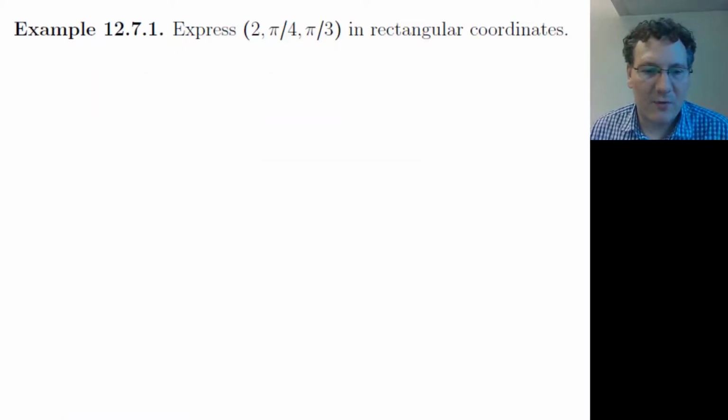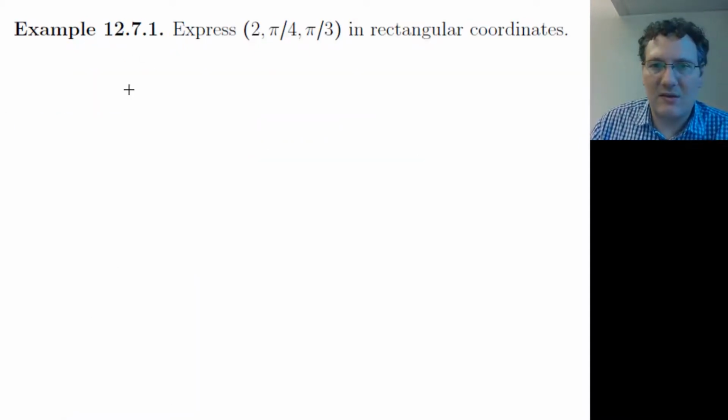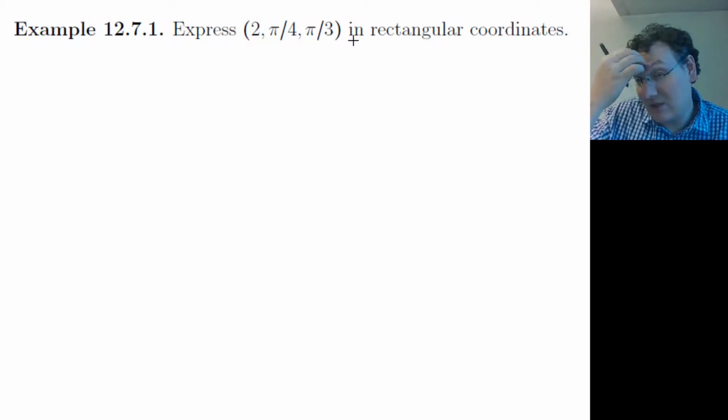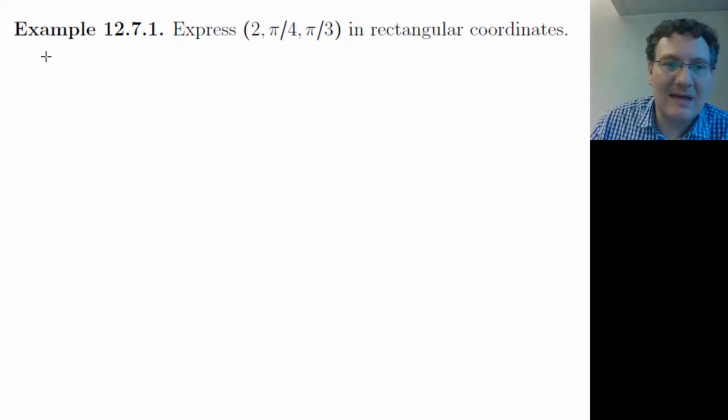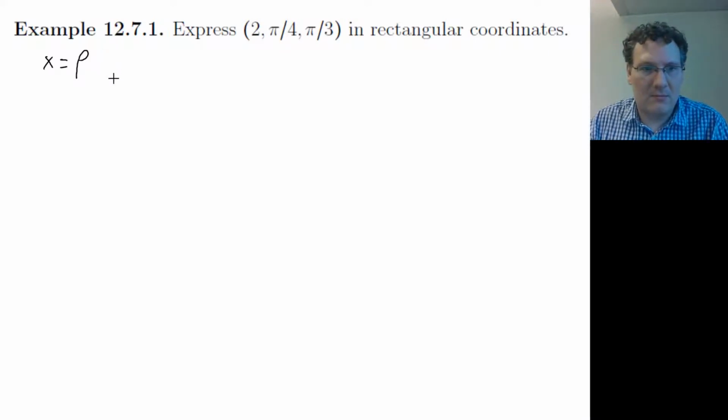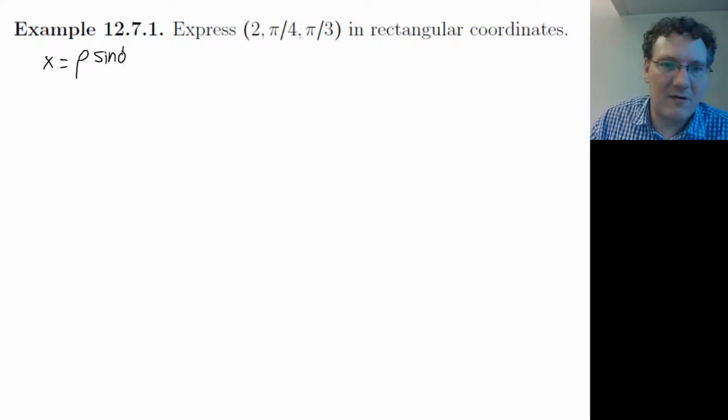Okay. So if you wanted to express the spherical coordinate (2, pi over 4, pi over 3) in rectangular coordinates, x, as we said, is rho times the sine of phi times the cosine of theta.